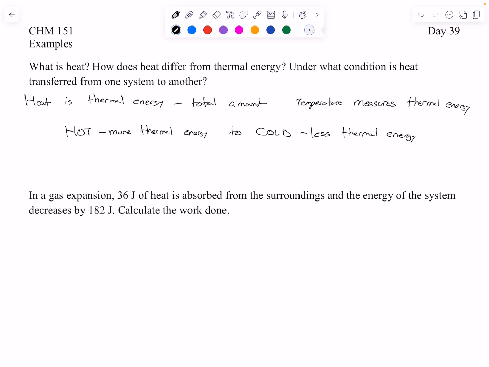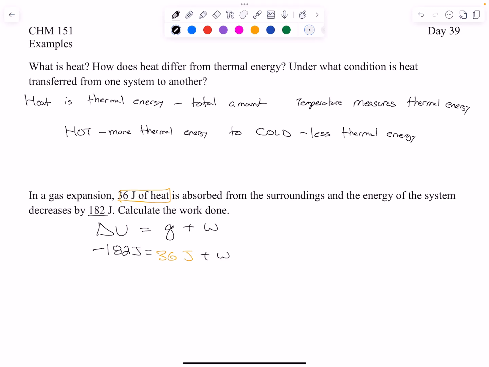Okay. So in a gas expansion, 36 joules of heat is absorbed from the surroundings. All right. So delta U equals Q plus W. This is Q, 36 joules. All right. Energy of the system decreases by 182 joules. So delta U, right here, is negative 182 joules.